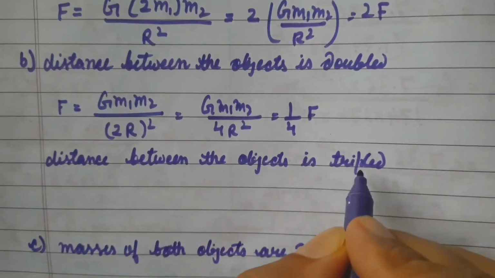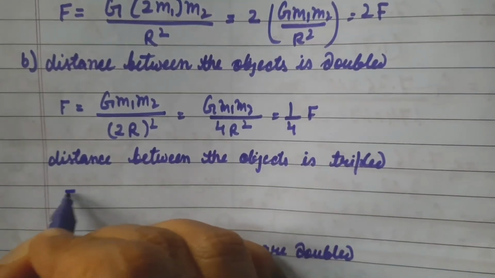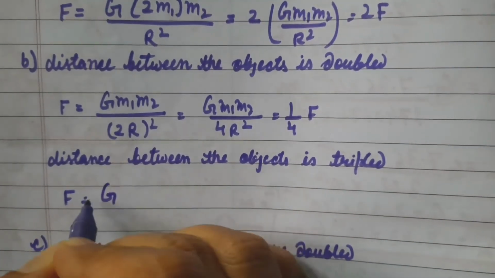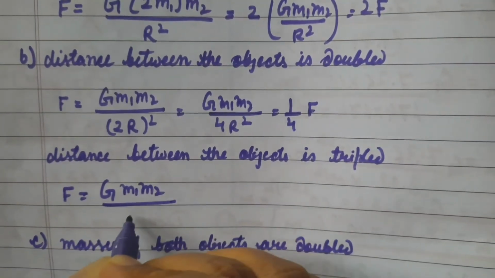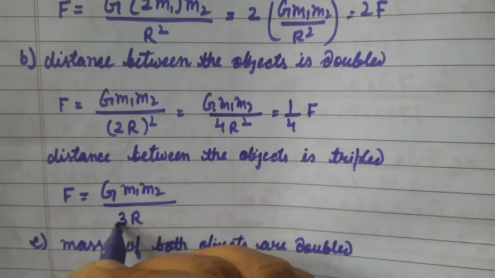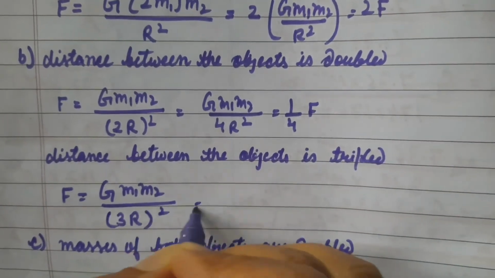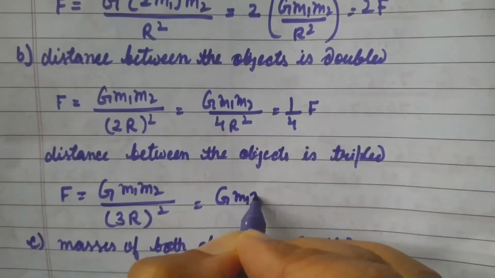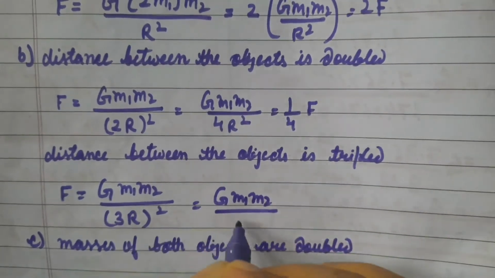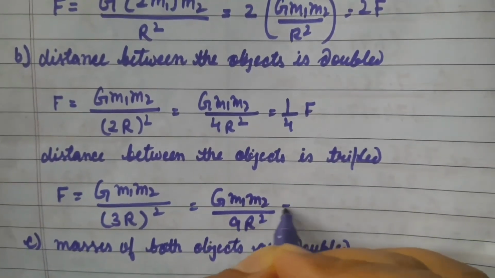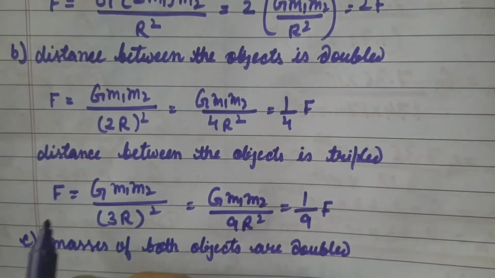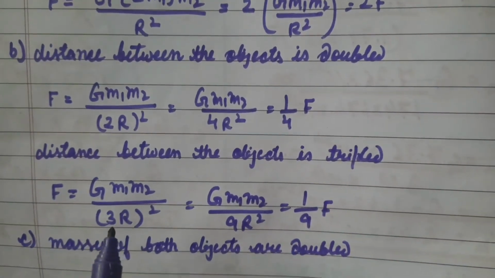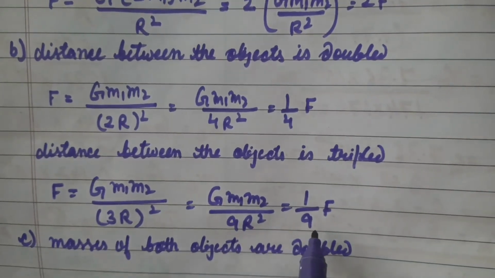If the distance becomes tripled, then F equals G m1 m2 upon (3r) square, which is G m1 m2 upon 9 r square. It will become 1/9. This means the gravitational force between the two objects becomes 1/9.